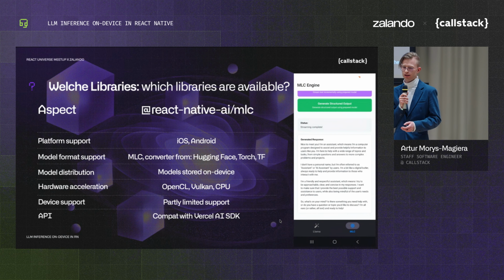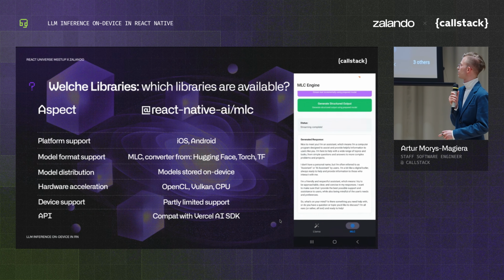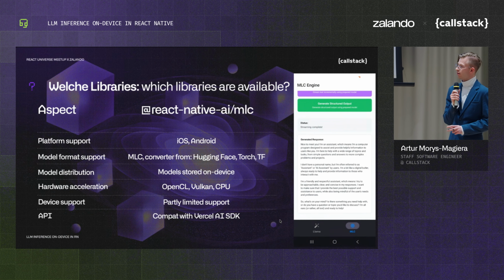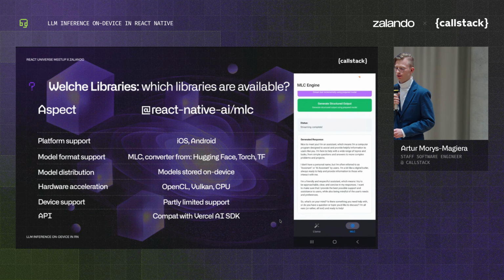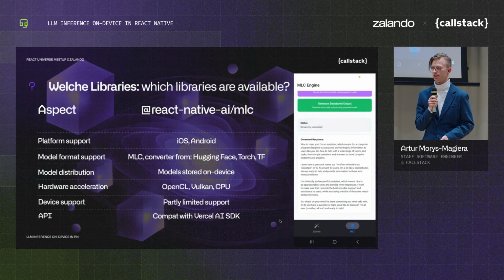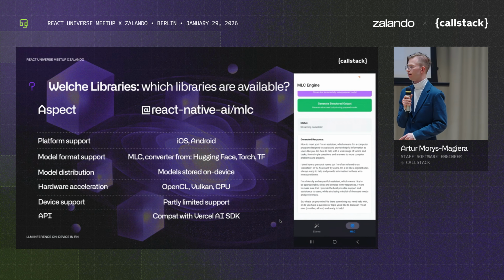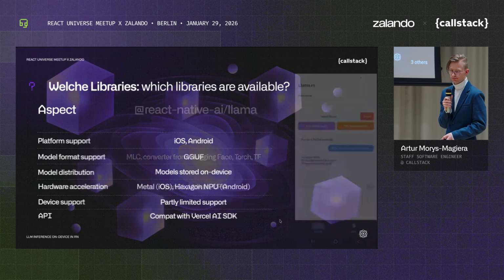So this is a library that would be very similar to the first ones that we mentioned in this particular matter. And also, as the Apple wrapper, this one also has compatibility with the Vercel AI SDK. So we can freely use it as a replacement. If you write your code, you can just drop in, replace the provider because it has the same API.